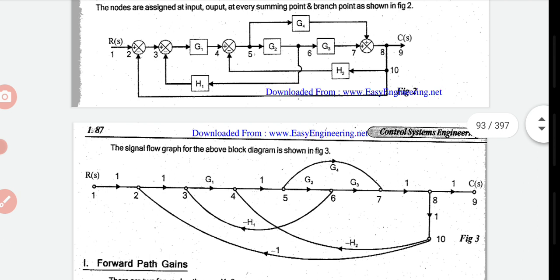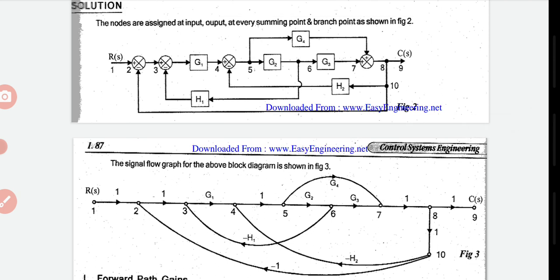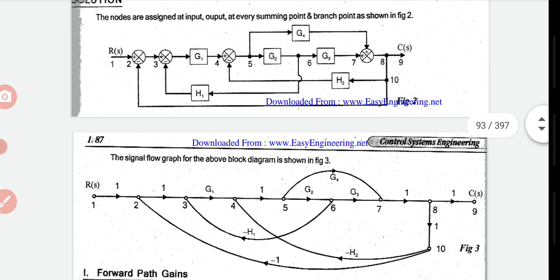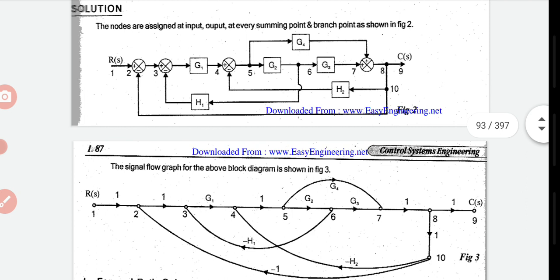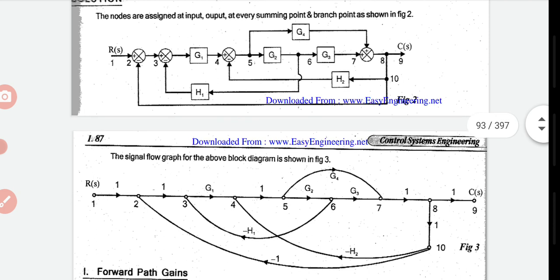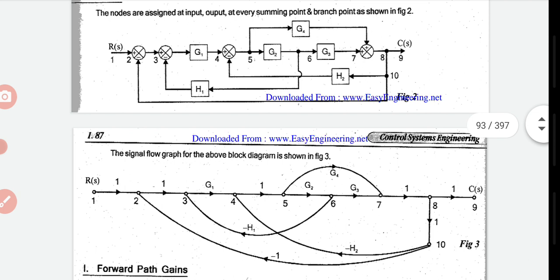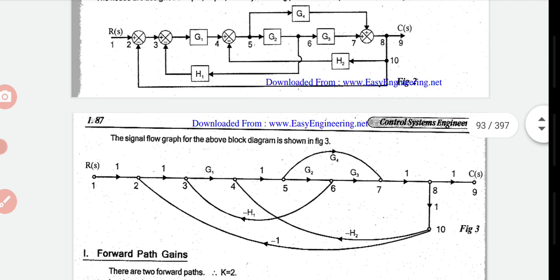Now additionally you have to take the other forward path and the feedback paths. From the 5th node to the 7th node you have the gain value G4, so represent a forward path with a gain value of G4.